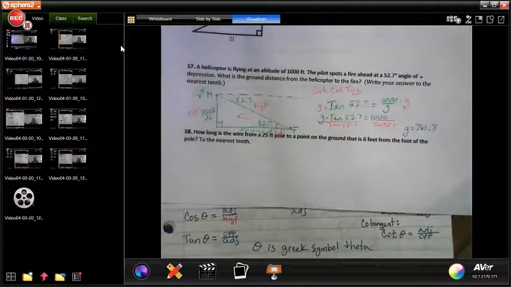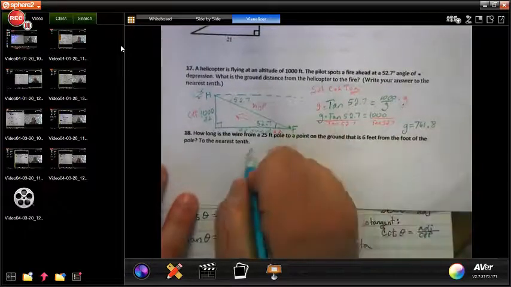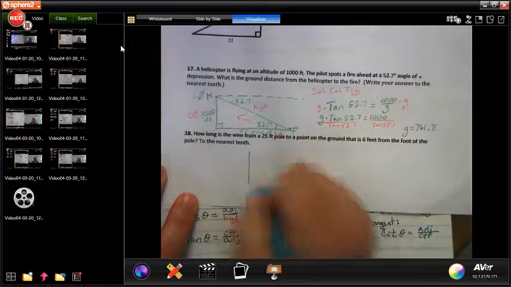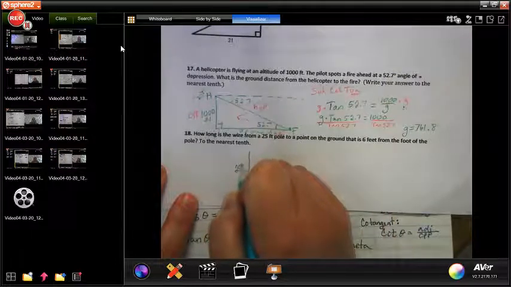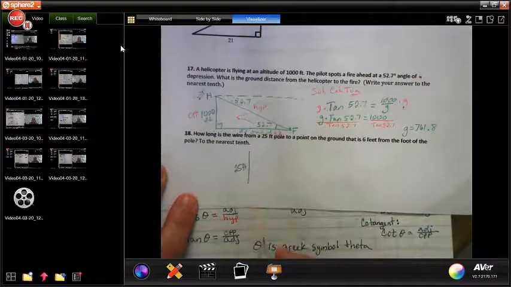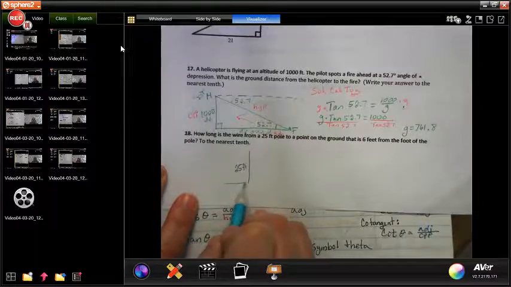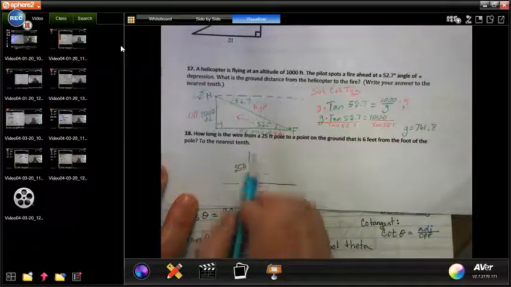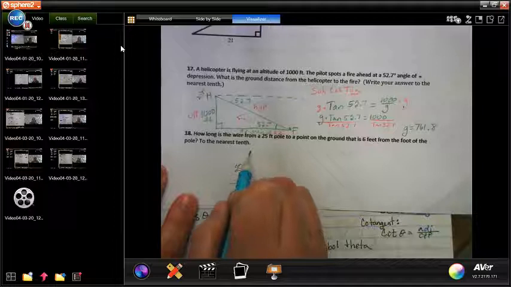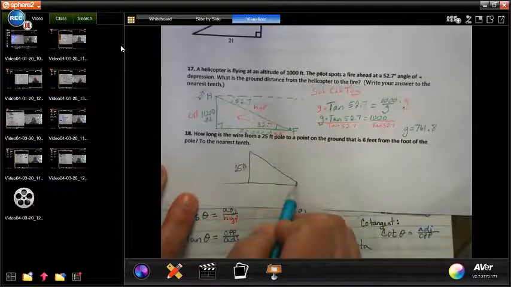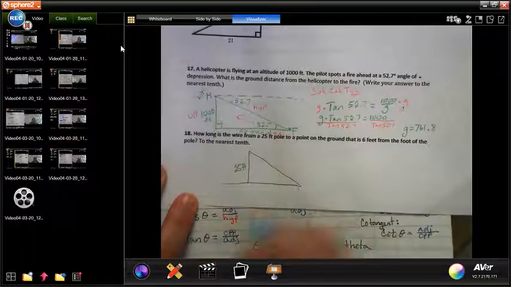How long is the wire from a 25-foot pole to a point on the ground? So there's a pole. It's 25 feet. Now we have the ground. There is a wire going from the top of the pole to the ground to support it. Oh, there we go.